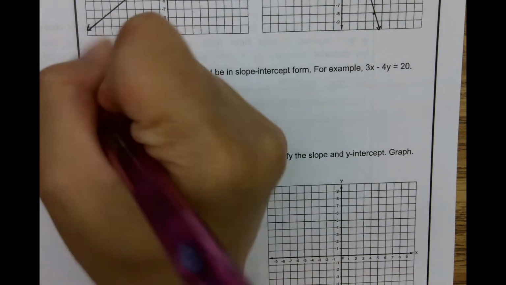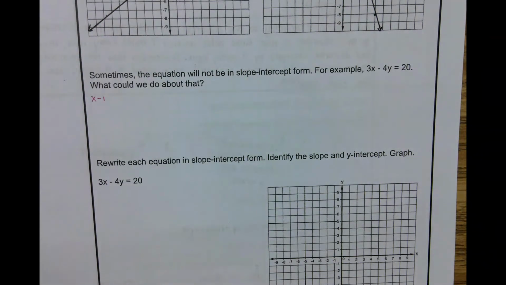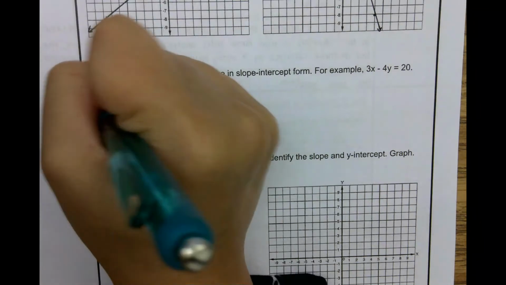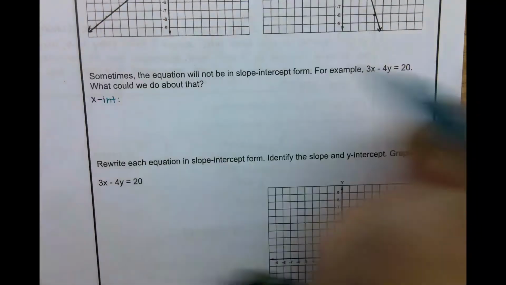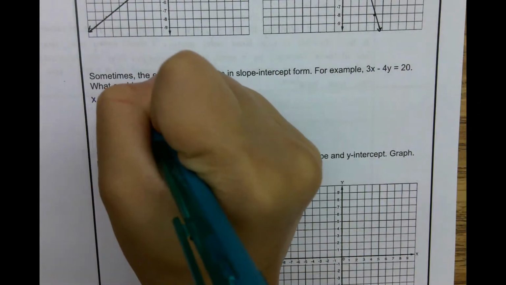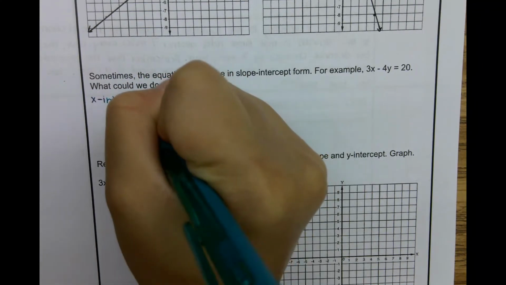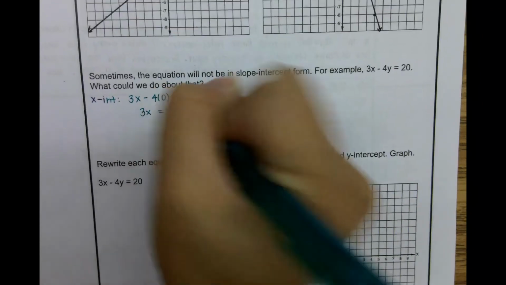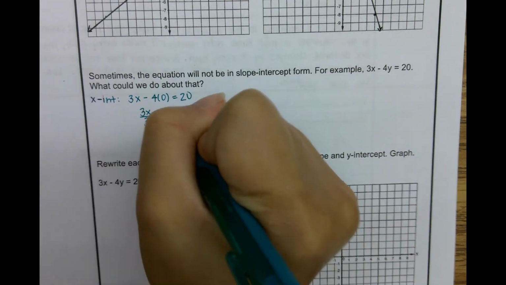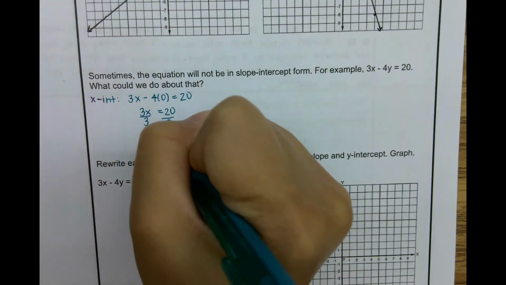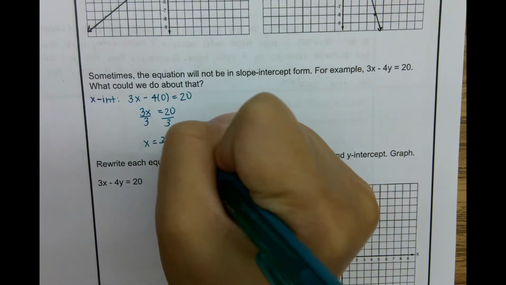For example, here, my x-intercept, if I were to solve for my x-intercept like I did before, 3x minus 4 times 0 for y, and solve, this gives me 3x equals 20, and when I divide by 3, this gives me 20/3, or 6 2/3.